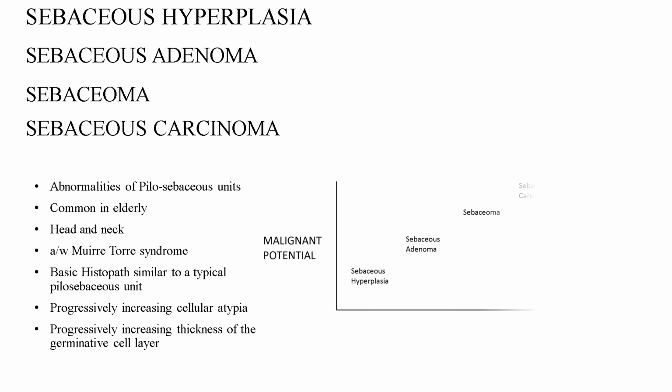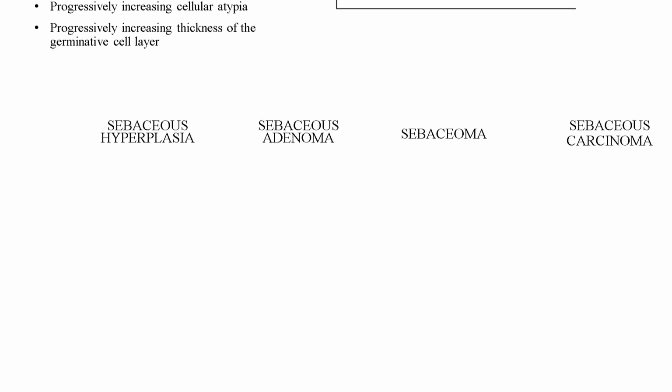It is least in the sebaceous hyperplasia stage and maximum in the sebaceous carcinoma stage, so you can think of it like a spectrum. If we talk about the malignant potential, sebaceous hyperplasia has the least, followed by adenoma, followed by sebaceoma, and then carcinoma, which is already malignant. So let us see the differences.